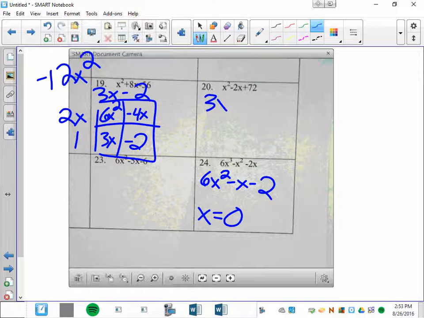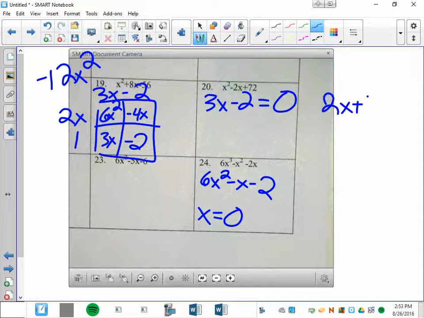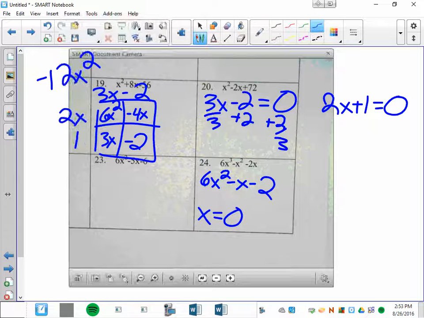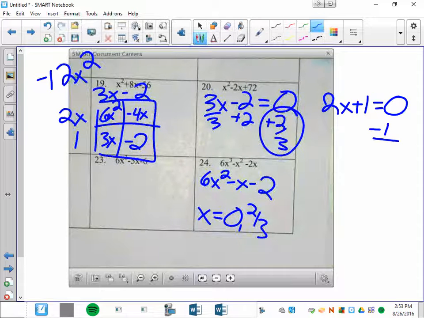So I have 3x minus 2 equals 0 and 2x plus 1 equals 0. So add 2 and divide by 3. So 2/3 is one of them. And then subtract 1 and divide by 2. -1/2. Okay? All right.